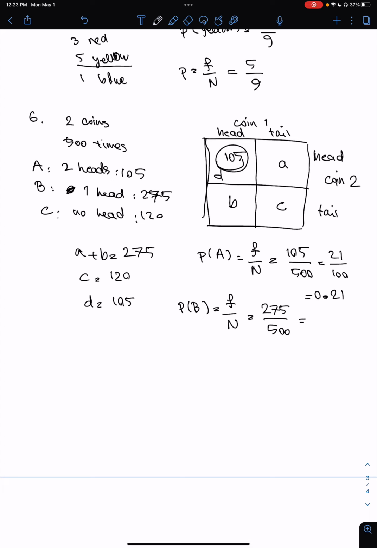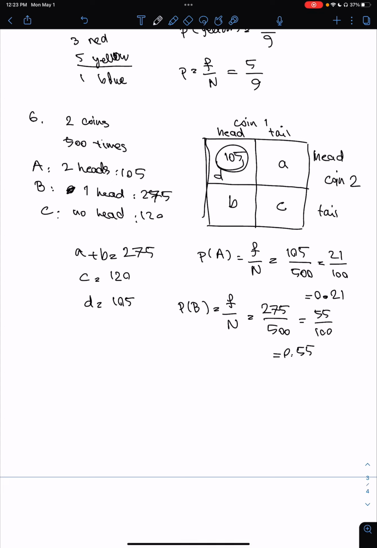Let's see, I believe it will be 55 over 100, which will be 0.55.